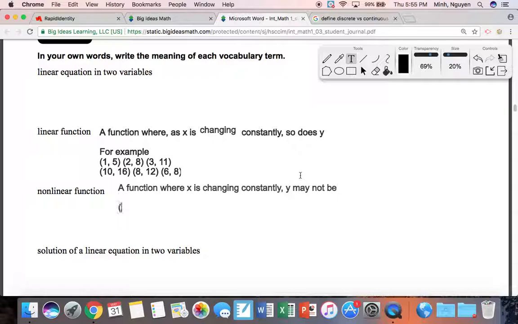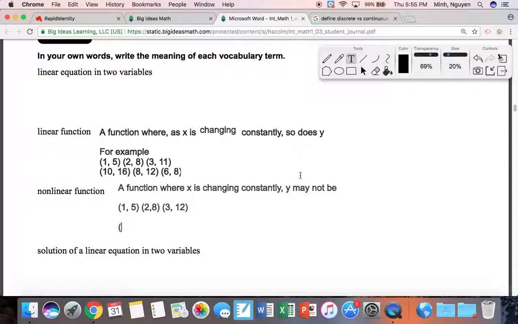For instance, let's say 1, 5, again, 2, 8. So each x is going up by 1, but my y's first went up by 3, and let's now put it up by 4. Well, now it's different, so this counts as a nonlinear function.